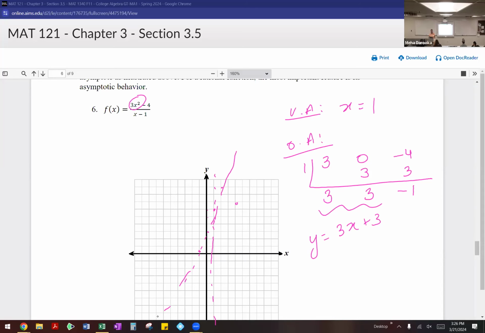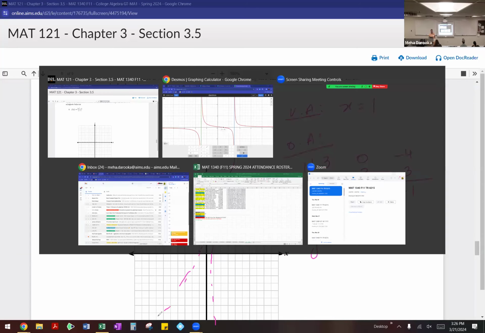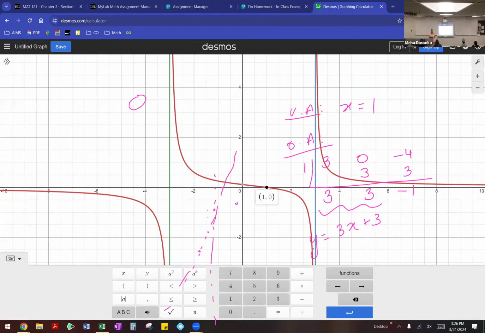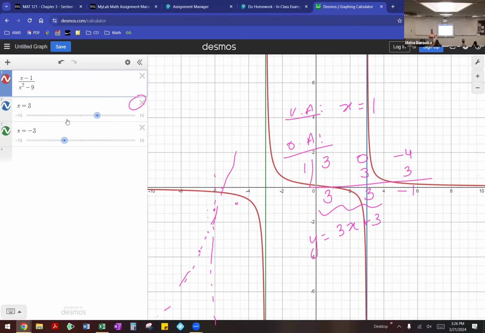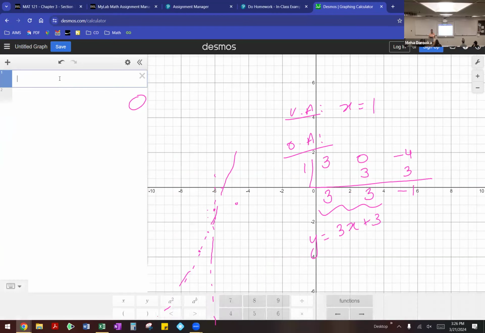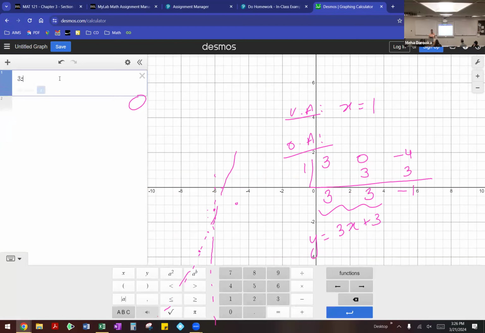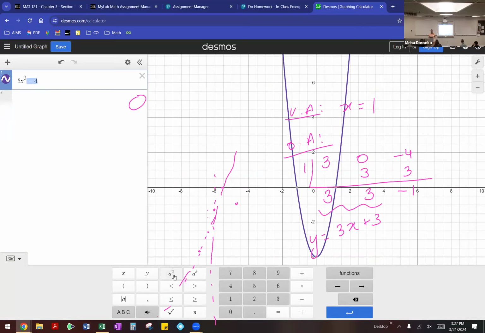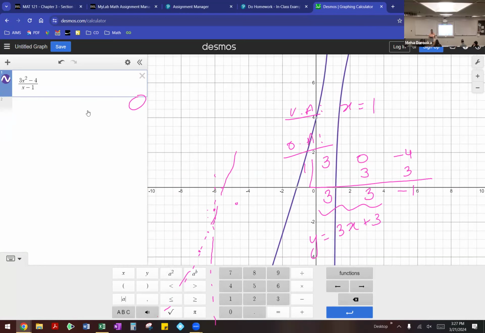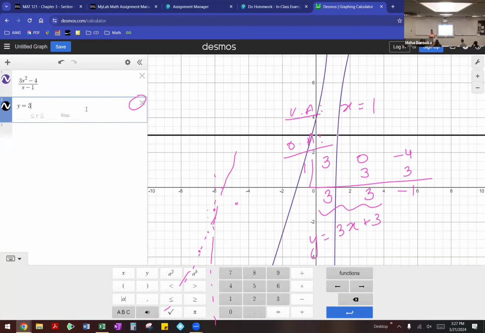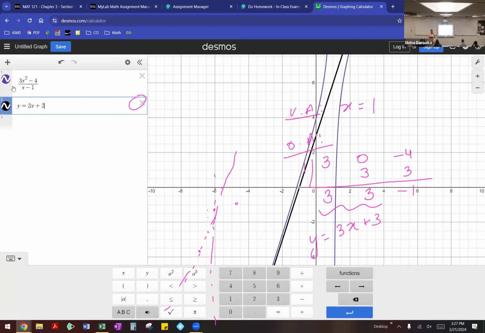So let's see, our oblique was y equals 3x plus 3.